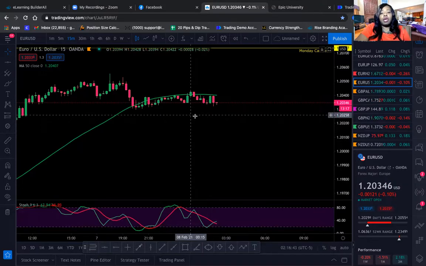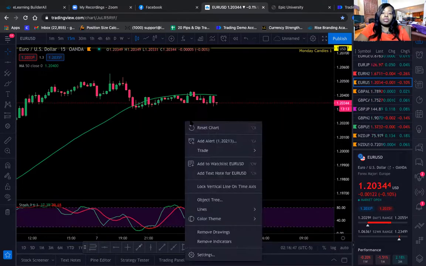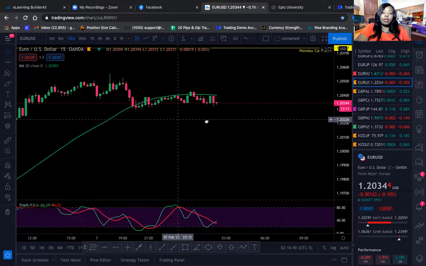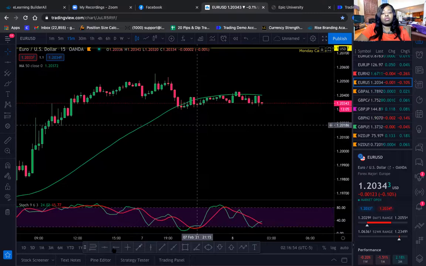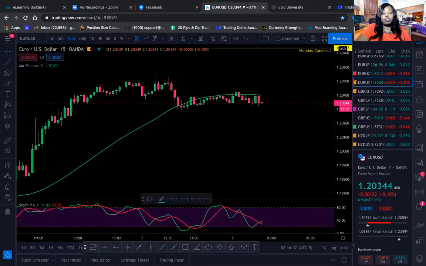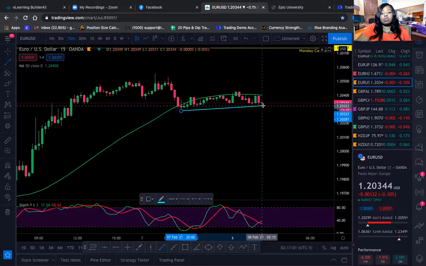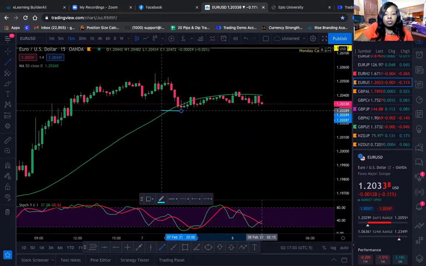And I haven't put any other support or resistance lines here, but I'm probably thinking this is on a little bit of an up curve here. Let's see, is it, or is it my imagination? Is this going up just a little bit here?